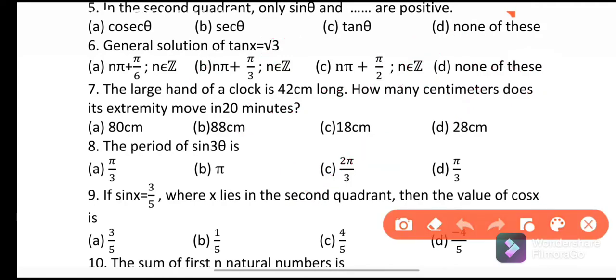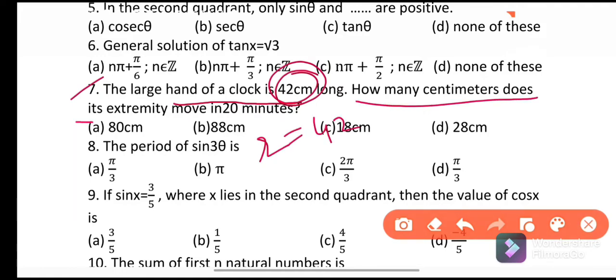Next, question number 7. The large hand of a clock is 42 centimeters long. How many centimeters does its extremity move in 20 minutes? Now the large hand of a clock, that is radius, is equal to 42.